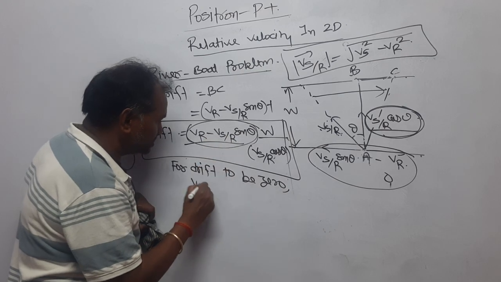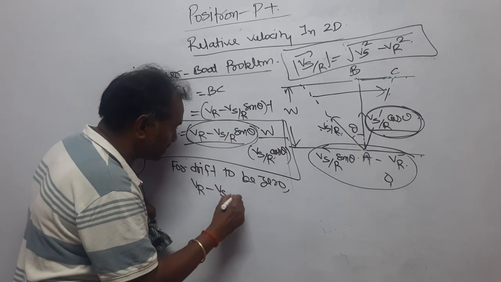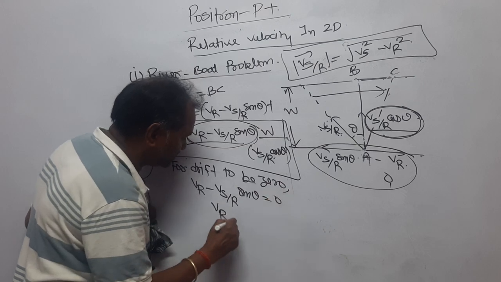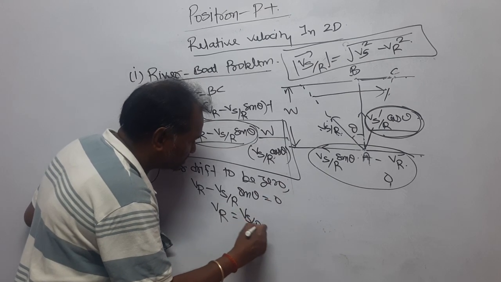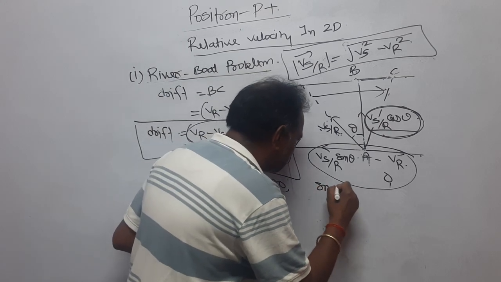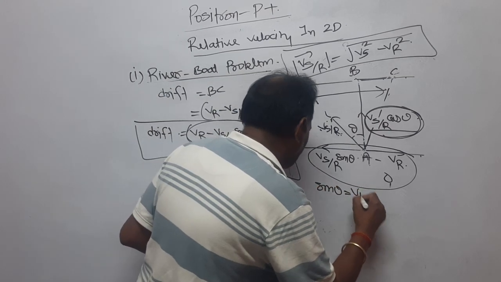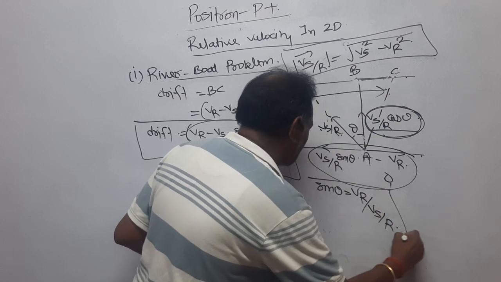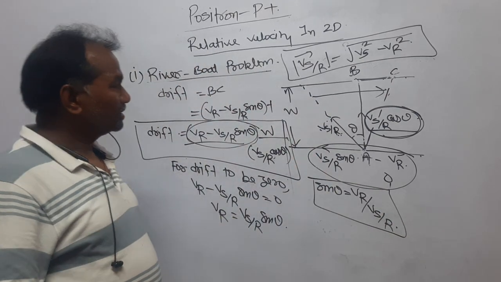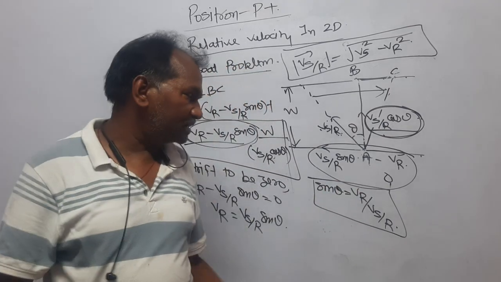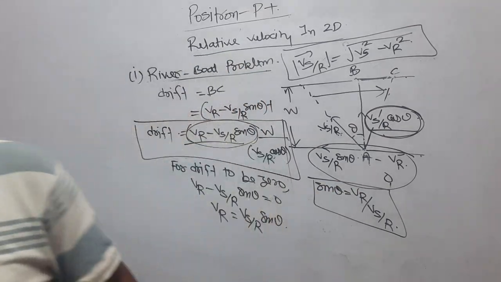So it should be 0: VR minus VSR sin theta should be equal to 0, or VR is equal to VSR sin theta, or you can say sin theta is equal to VR upon VSR. Sin theta equal to VR upon VSR is the condition for drift to be 0.